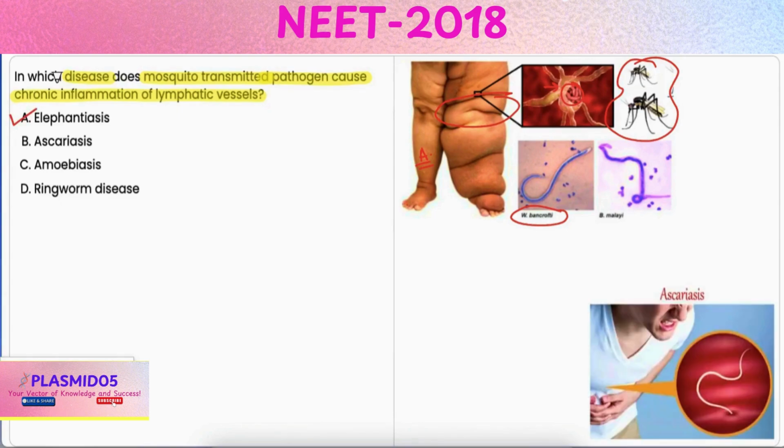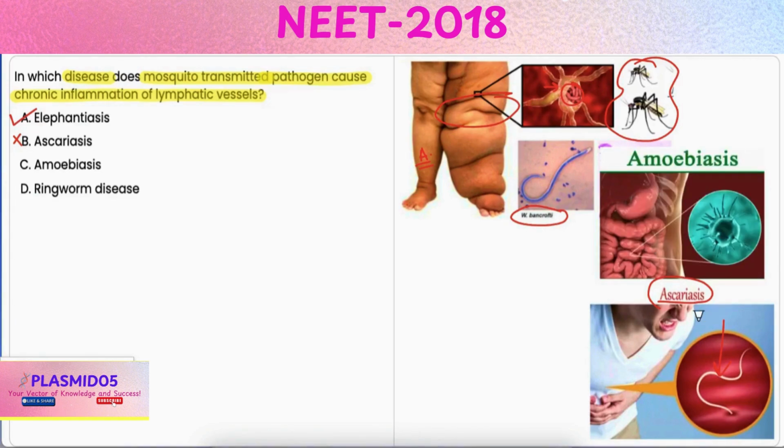Option B, ascariasis. It is incorrect because ascariasis is caused by the intestinal roundworm Ascaris lumbricoides, and it is not transmitted via mosquito vector. Rather, it is transmitted via contaminated food or water, and it also does not affect the lymphatic system. Option C, amoebiasis. It is also incorrect.